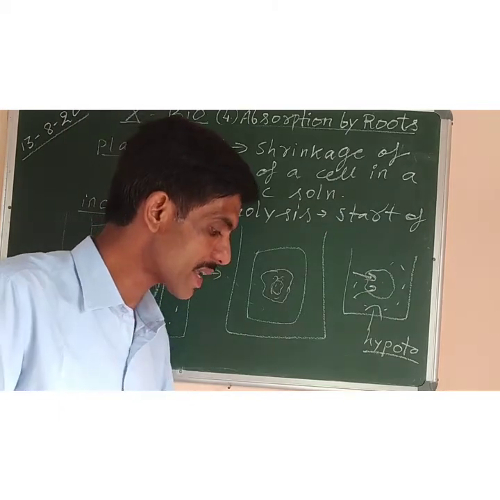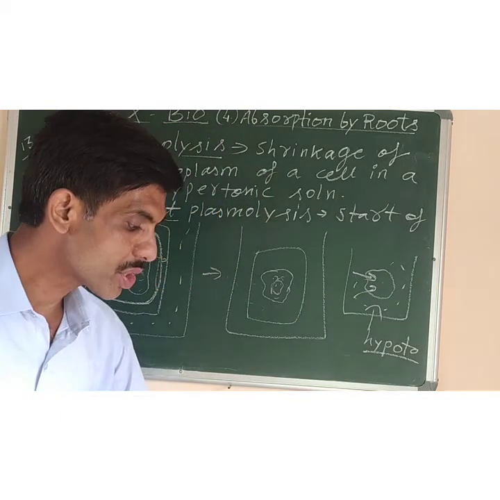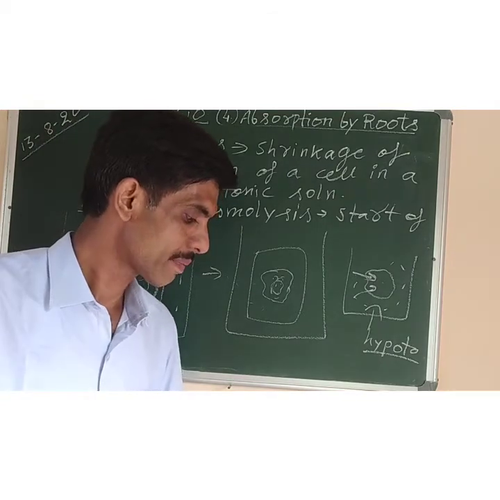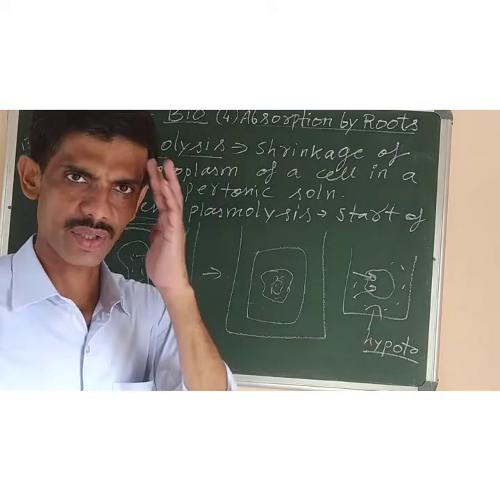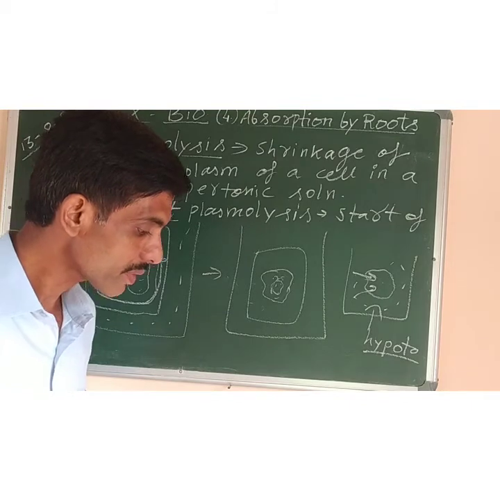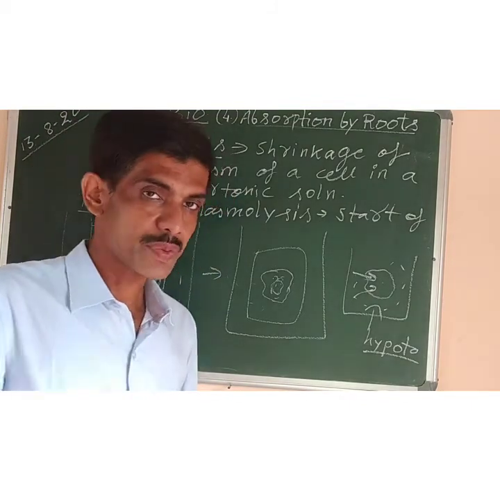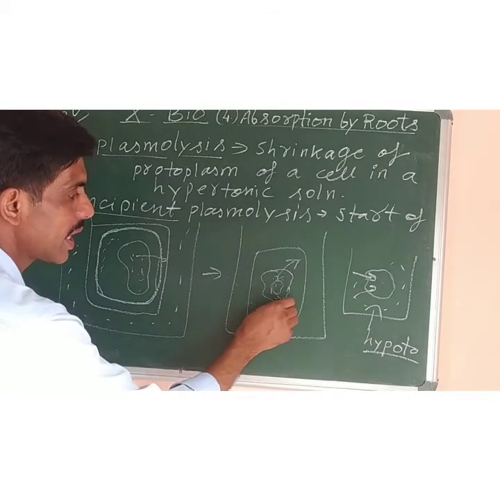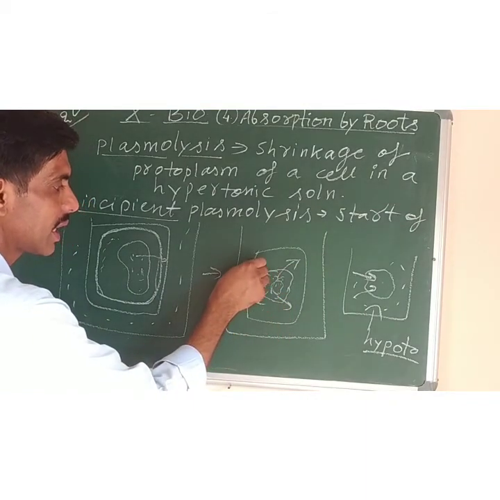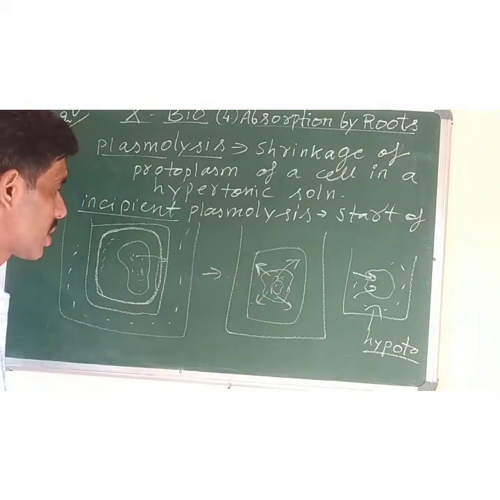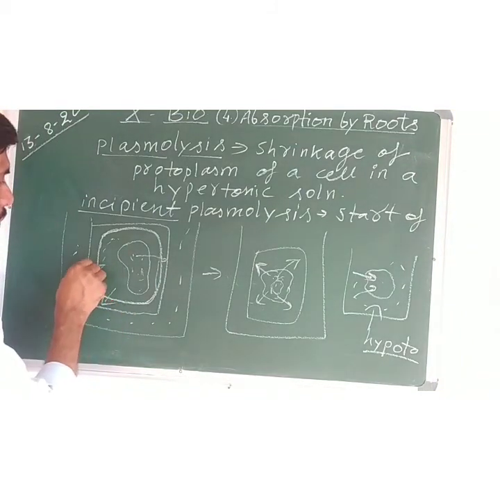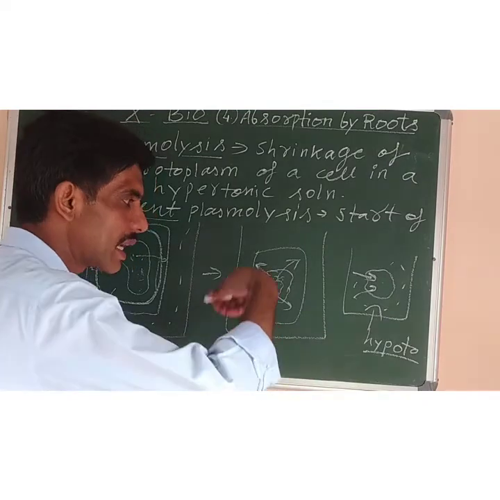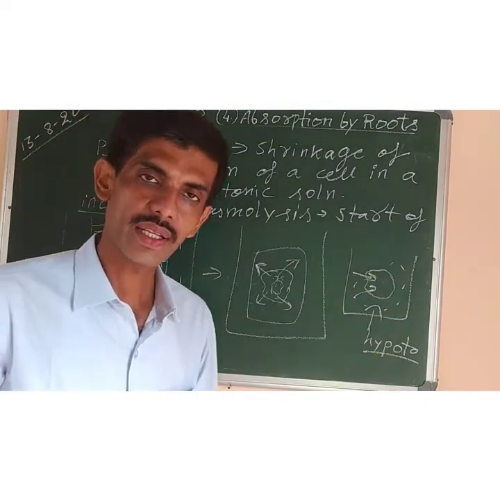The reverse of plasmolysis, or the condition of regaining turgidity. Turgidity means hardness. Now we can say that plasmolysis is outflow of water, because water molecules are flowing outside, that's why the cell has shrunk. Whereas deplasmolysis is the inflow of water inside the cell.